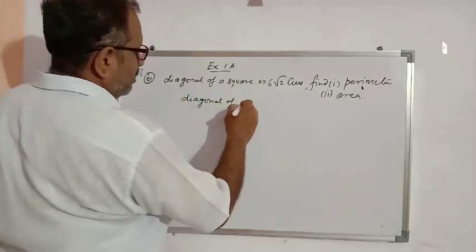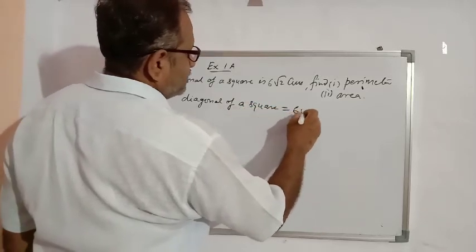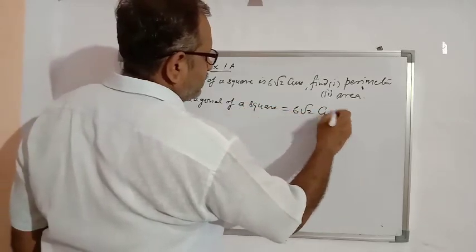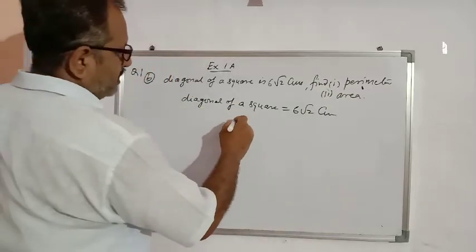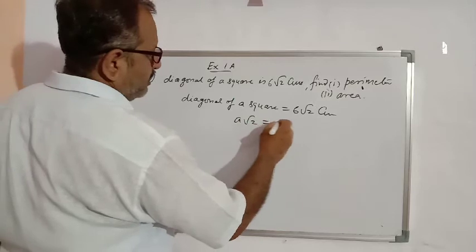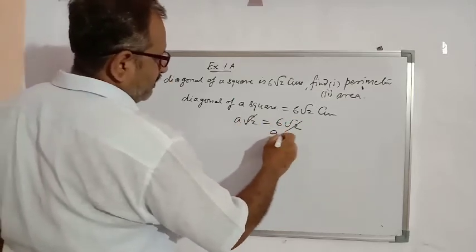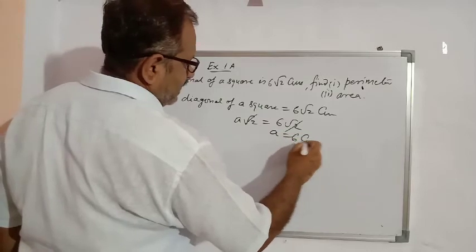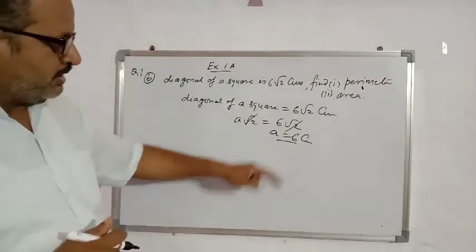We know the formula of diagonal of a square is a root 2. So a root 2 is equal to 6 root 2. Root 2 cancels. What is a? 6. a is one side of the square.